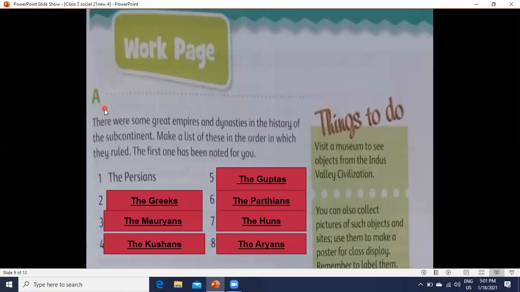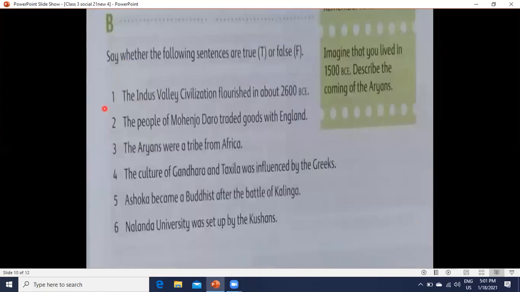This is work page A. Then you have work page B. In work page B, say whether the following sentences are true, write T, or false, write F. You have to read this statement, and if you know the answer, this is a true statement, you have to write true.